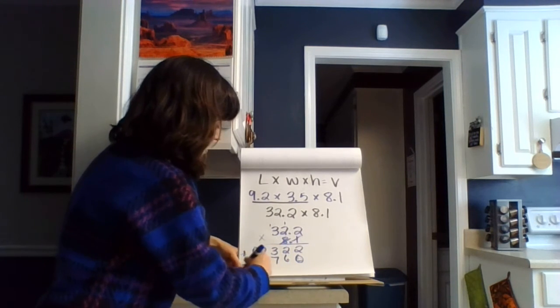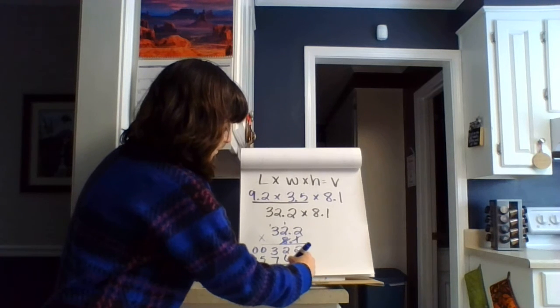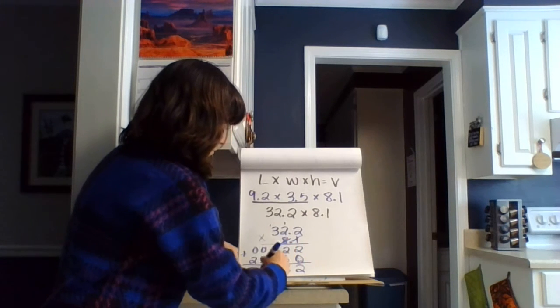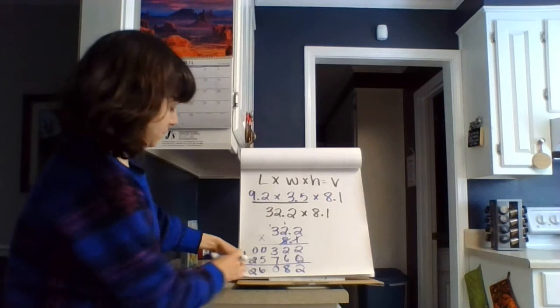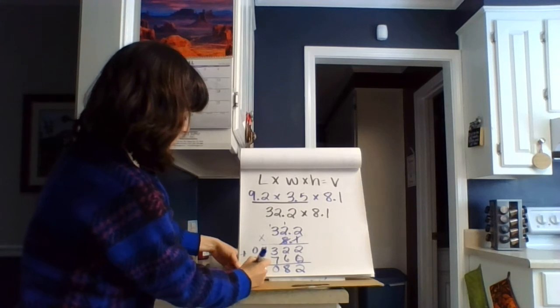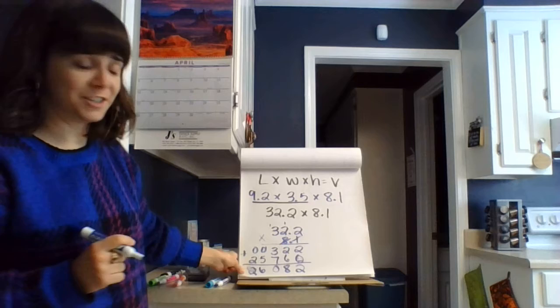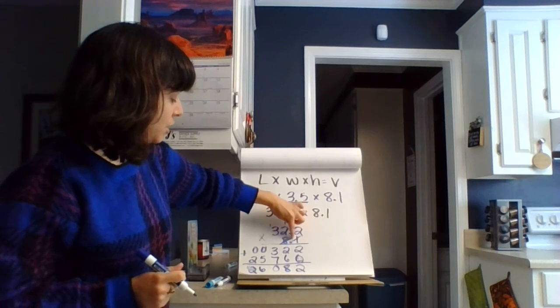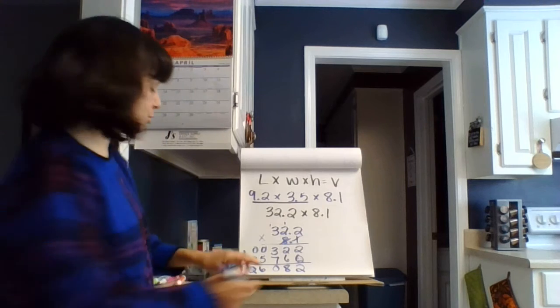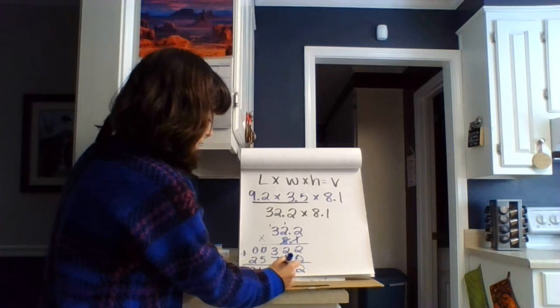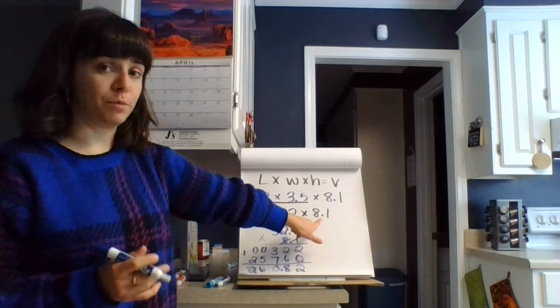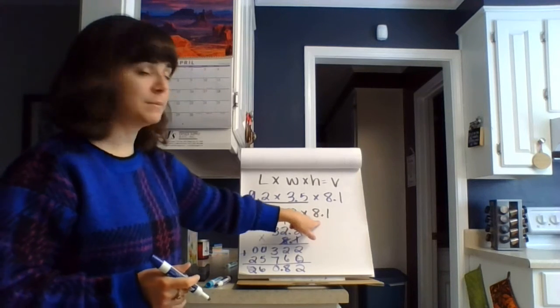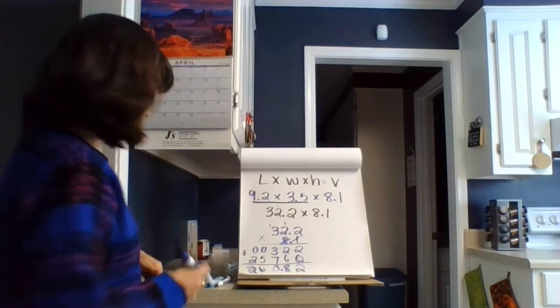And then I'm going to add those partial products. Okay, whoa. That's a 2. I'll fix that in just a second. 26082. Again, I have 2 places after the decimal, so my decimal is going to go right here. And I could also have estimated beforehand, 32 times 8, and I'll see what my answer should be close to.